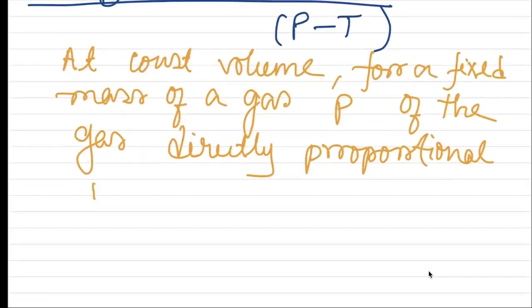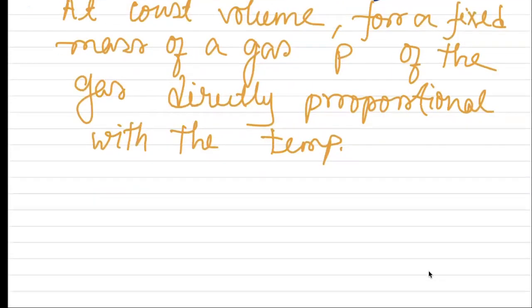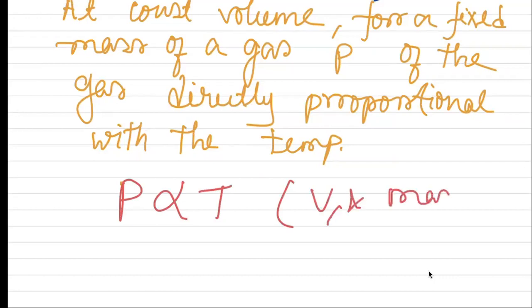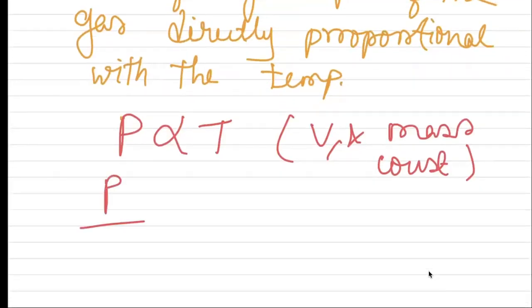That means P is proportional to T when V and mass of the gas are constant. So we can say that P by T equals a constant, K3.